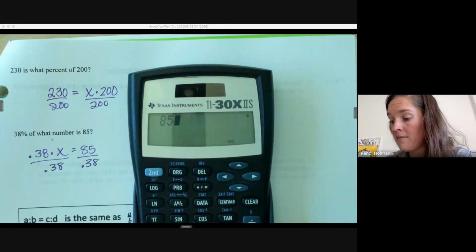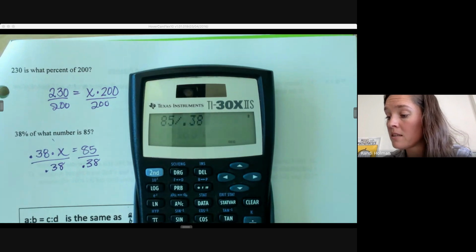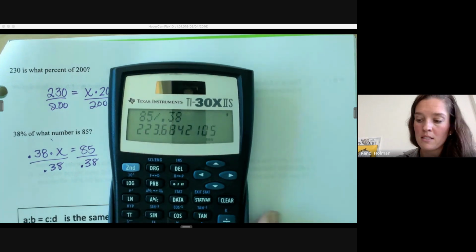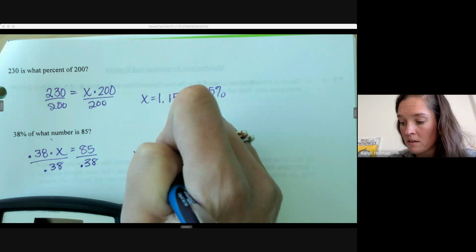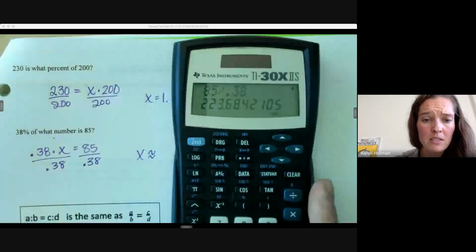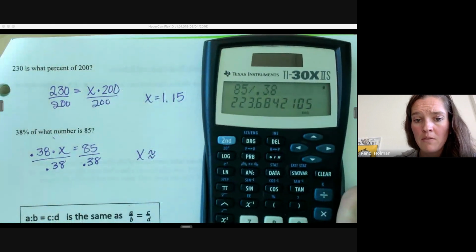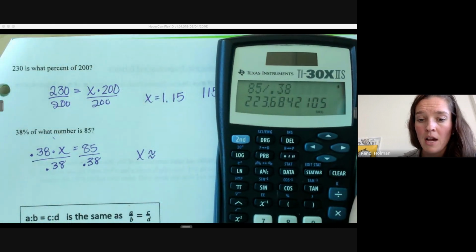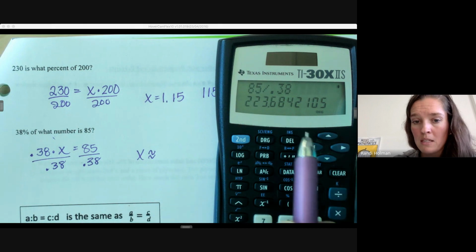And if we take 85 divided by 0.38, you get, ooh, not very nice. This is one place where we're starting with decimals. It's okay if you end with decimals. Give me a good rounded answer to the nearest hundredth. So hundredth place is 2 decimals.